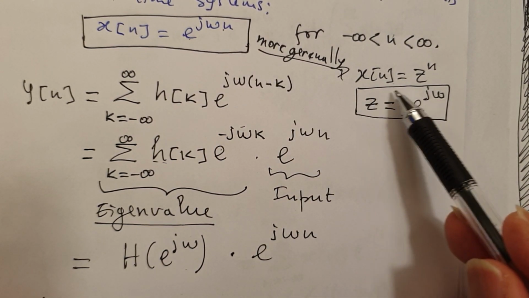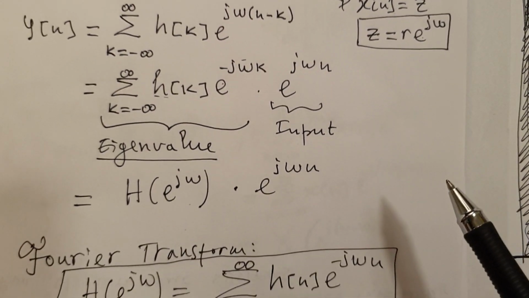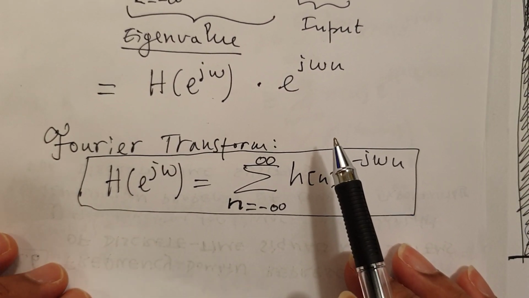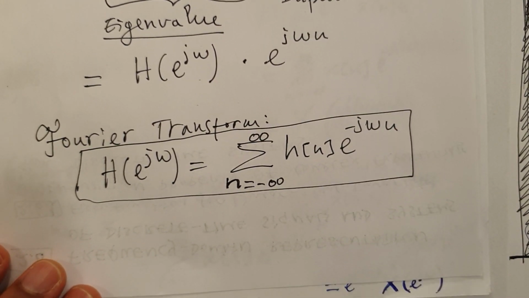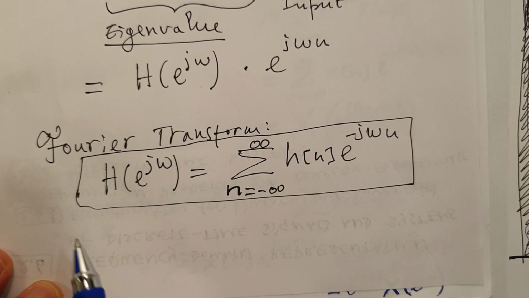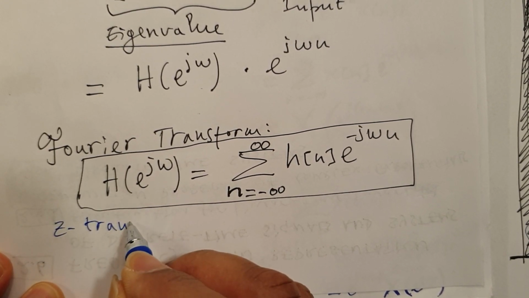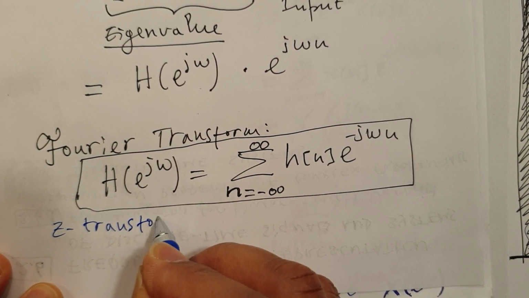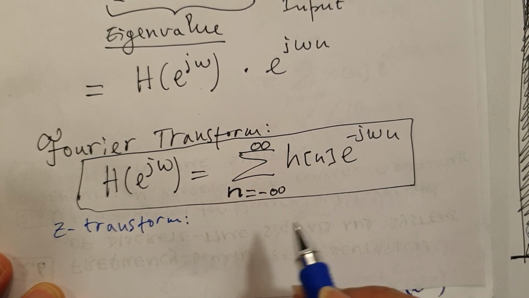But in a more general case, you can have inputs like this, where you could multiply by the Z transform instead. We have seen the Z transform, which is just an extension of the Fourier transform. I will write it down here, since it's easy for you to remember that it's an extension of the Fourier transform.